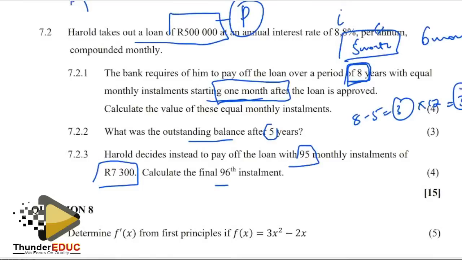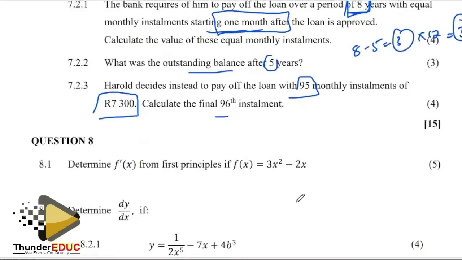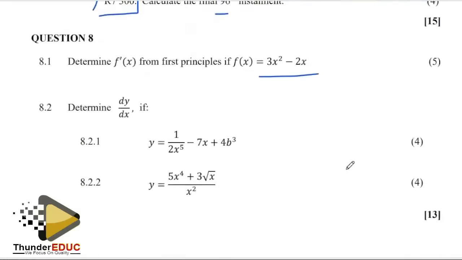When I look at this question 8, same thing, first principles, we just need to know how to work that out from the rules. Then in this case, you have to move the x to the top. Please, when you're moving the x, the 2 will still stay down. So that will be like x to the negative 5 over 2 minus 7x plus 4b cubed. The question is telling us to find the derivative with respect to x.